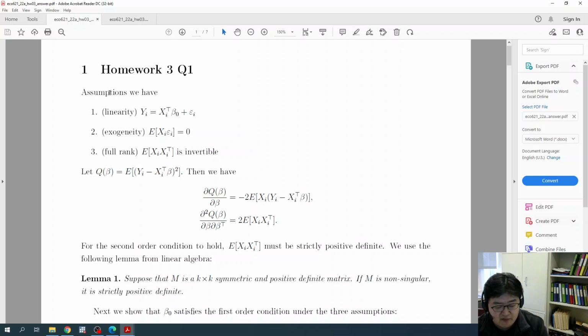Many students are confused about what is available, what is assumed, what is a result of that, and what we need to show.